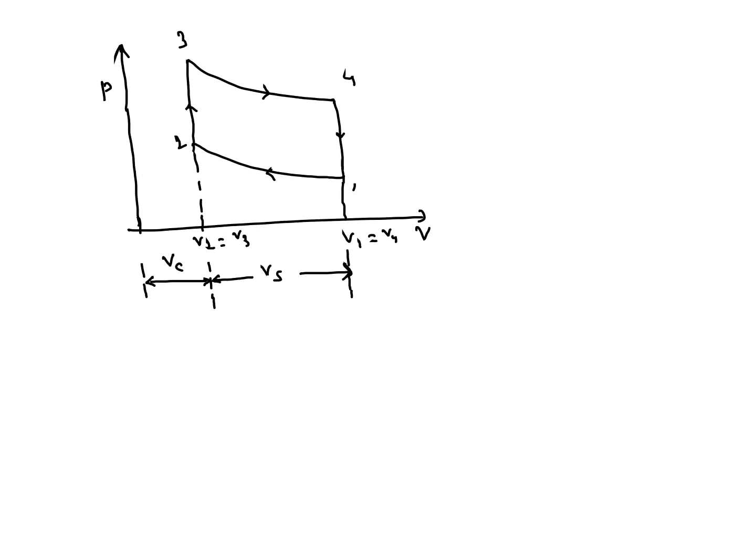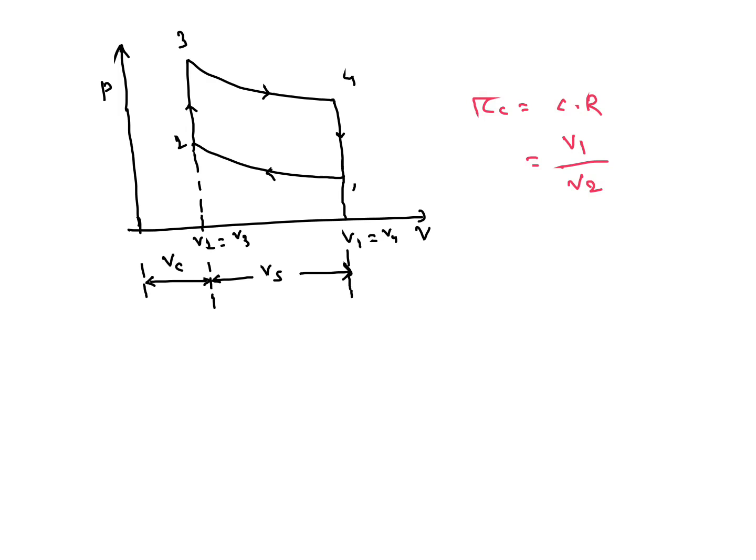So from here, RC, this is the compression ratio, RC equal to V1 by V2. V1 equal to V4, V2 equal to V3, and V1 is Vc plus Vs. Vc is clearance volume and Vs is stroke volume, and V2 equal to V3, it's Vc or clearance volume.